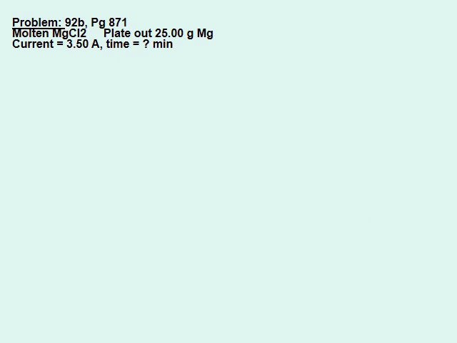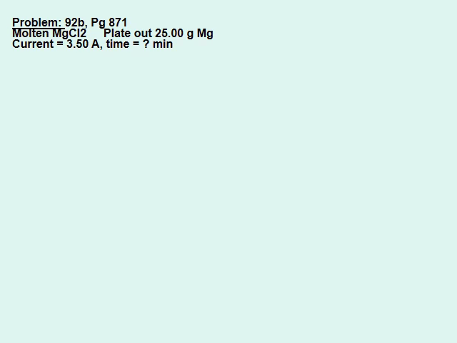Here we're going to discuss problem number 92. 92A is very similar to 91A, so if you understood 91A, try it yourself and it should work out. In 92B, again, these are all similar problems, but the dimensional analysis you apply results in different answers depending upon what they're asking for.